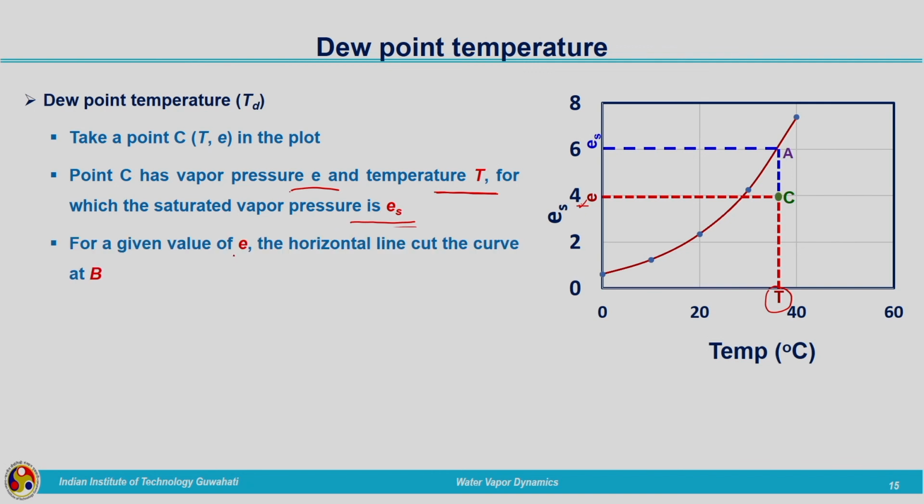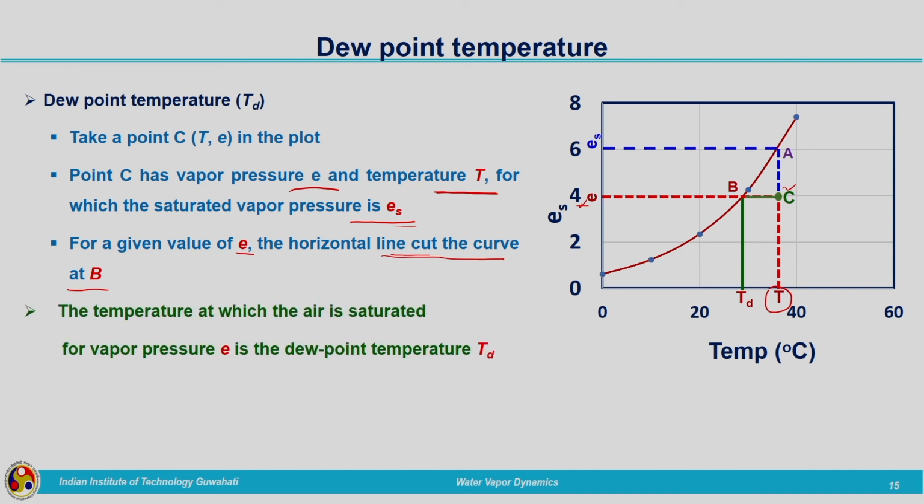That is, for a given value of E, the horizontal line cuts the curve at B. When we drop a line from that point B, we get a temperature, TD, the dew point temperature. That is the temperature at which air is saturated. For vapor pressure E, it is the dew point temperature TD. You can look at the figure.